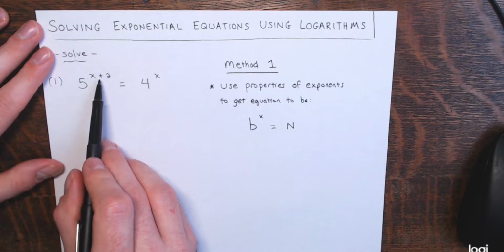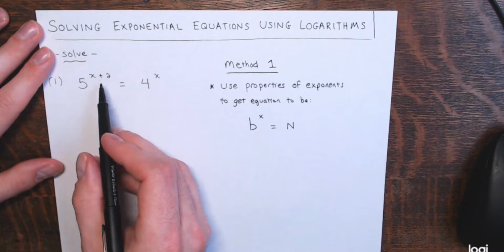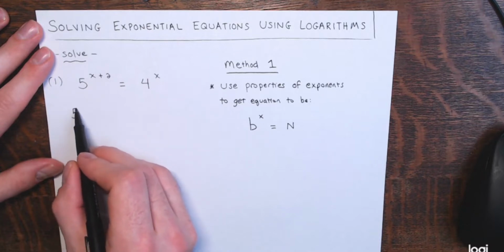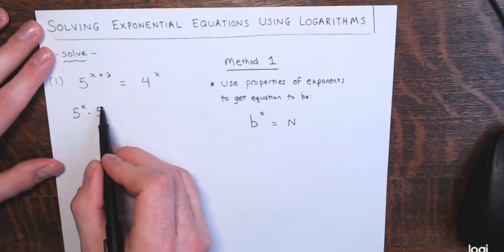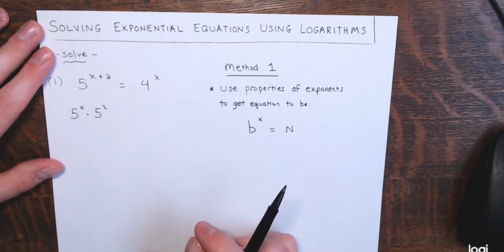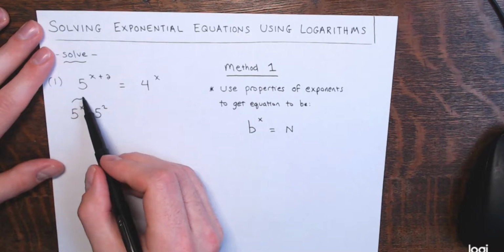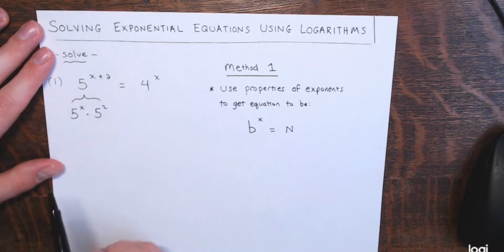It's when you're doing multiplication, right? So 5 to the x plus 2 power, that's the same as 5 to the x times 5 to the 2. When you multiply them, that would give you 5 to the x plus 2 power.